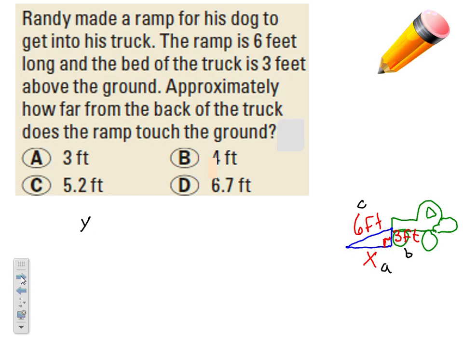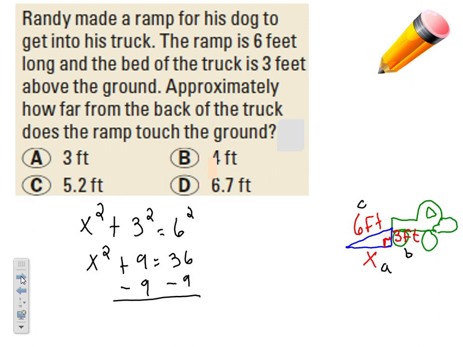So I have x squared plus 3 squared equals 6 squared. Simplify this, I get x squared plus 9 equals 36. To get x squared by itself, we subtract 9 from both sides, so x squared equals 27. When I take the square root of 27, it's not a perfect number, but that's okay.